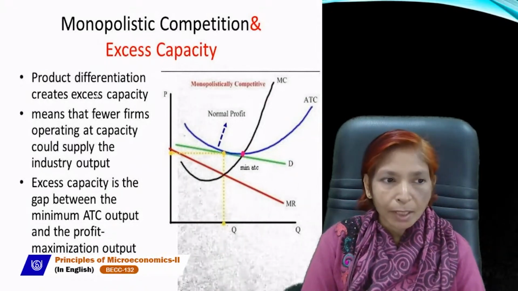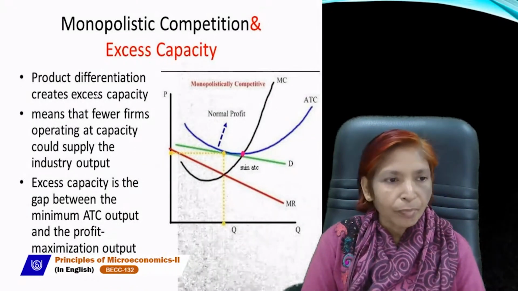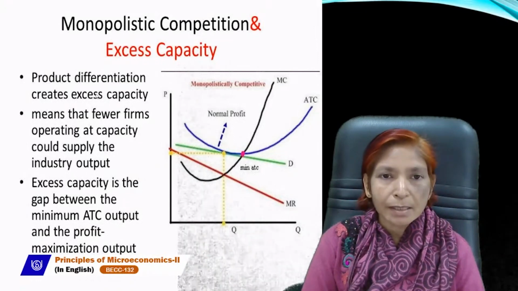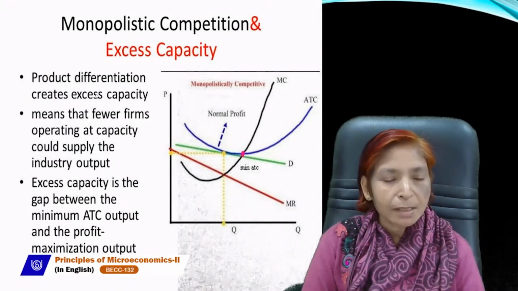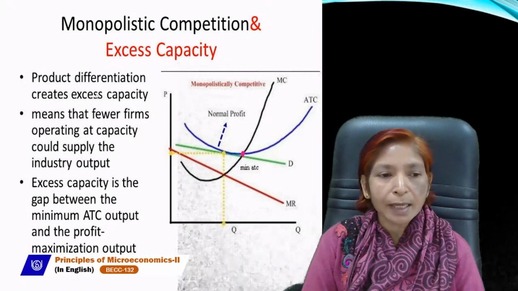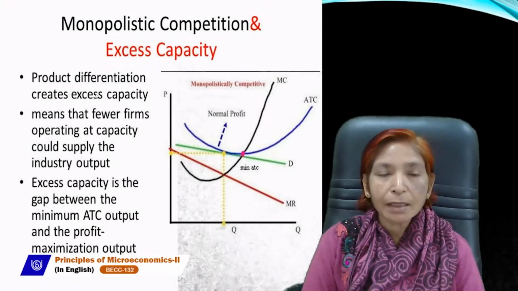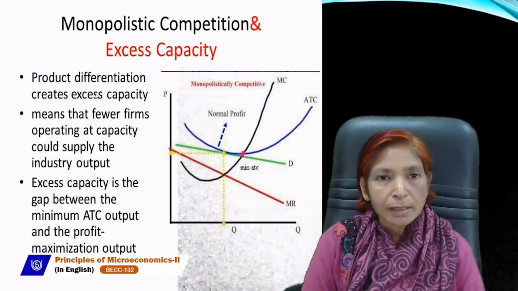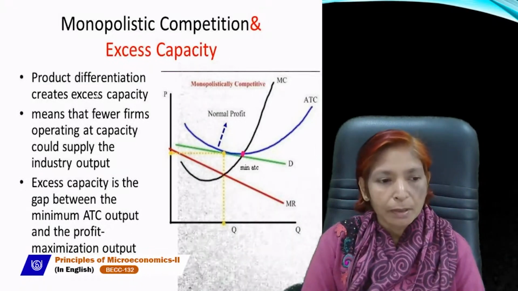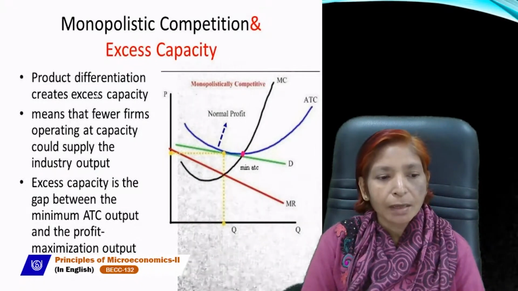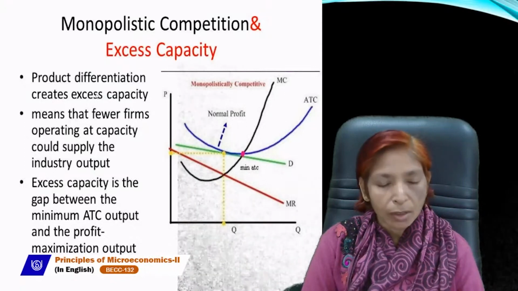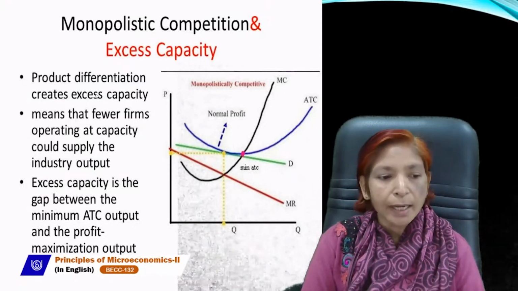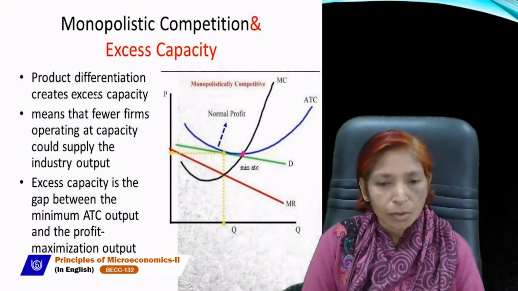In this market, product differentiation exists and creates excess capacity. It means that fewer firms operating at capacity could supply the industry's output. Excess capacity is the gap between the minimum ATC or AC output and the profit maximizing output.